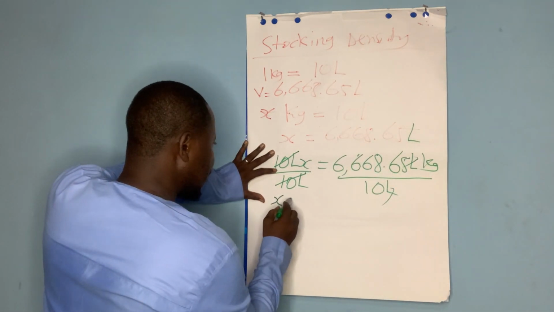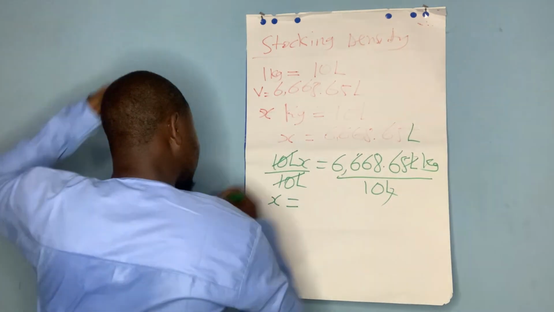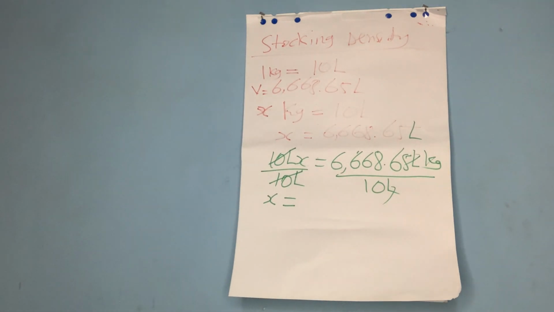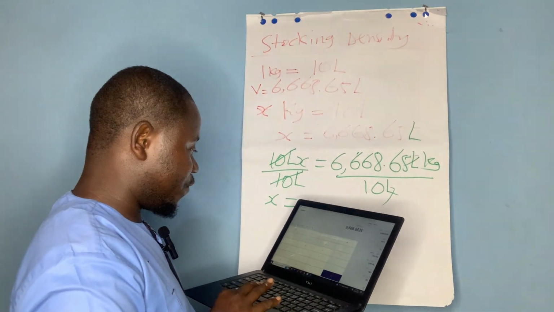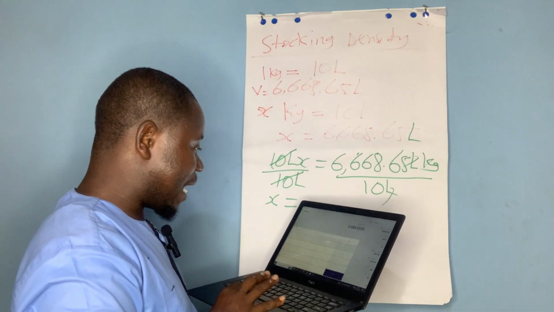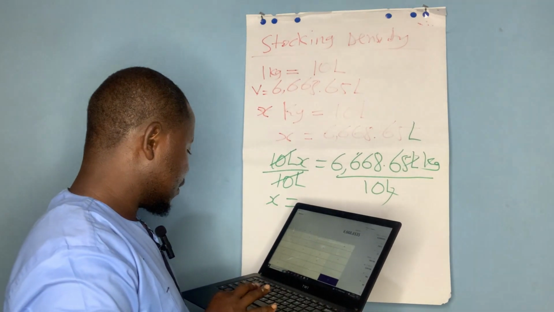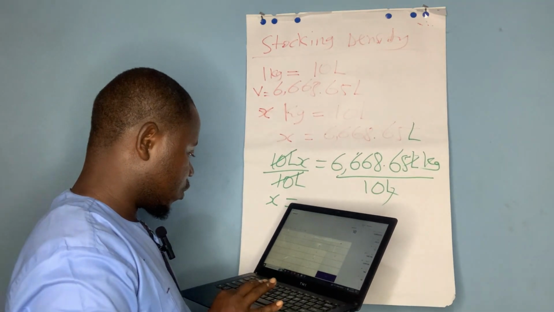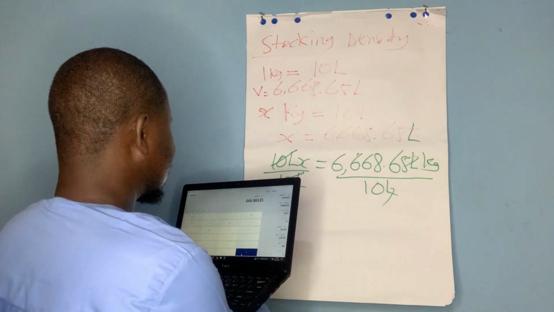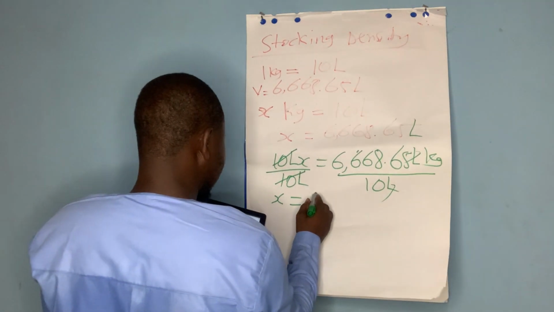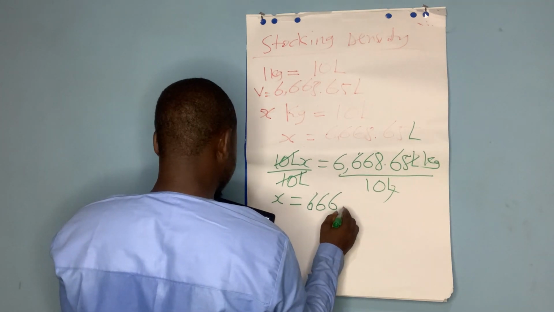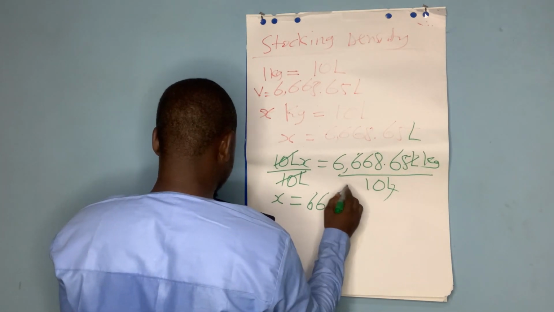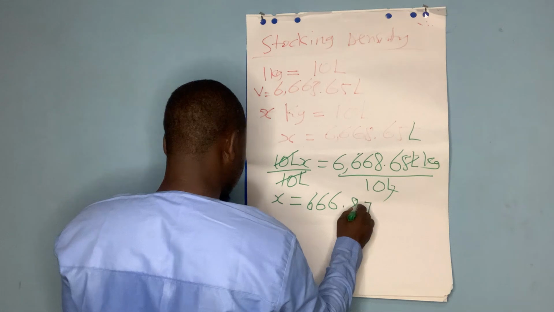So x is equal to, let's divide 6,668.65 by 10. So the answer is 666.87.